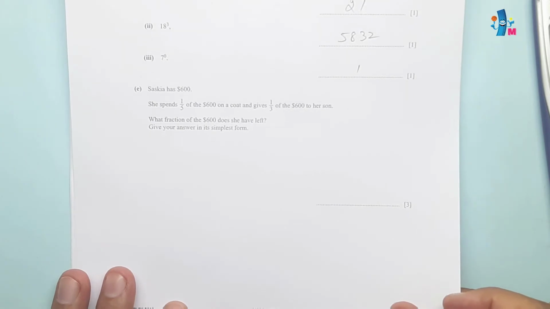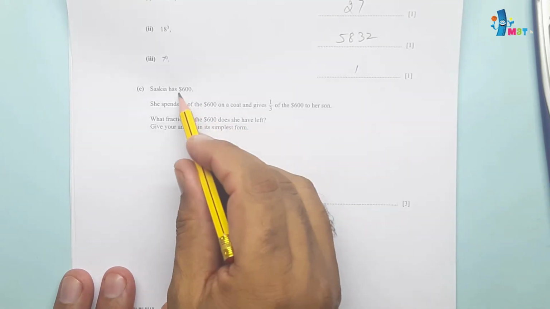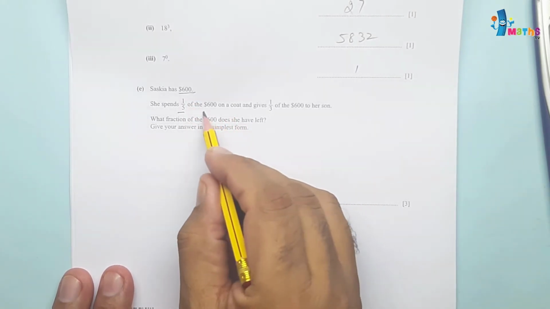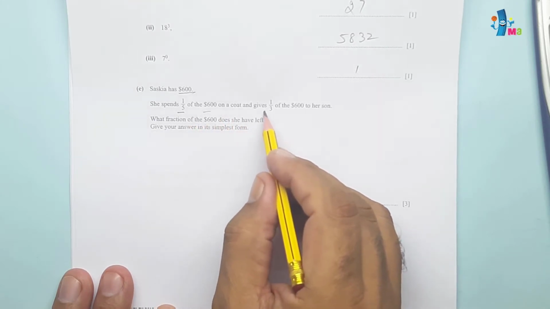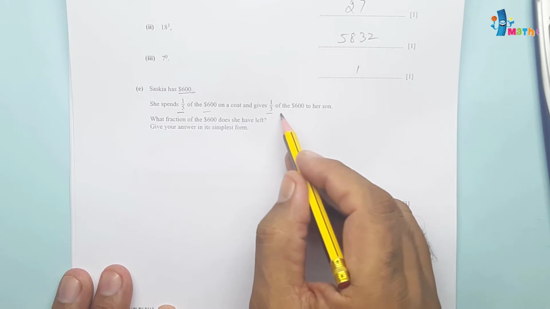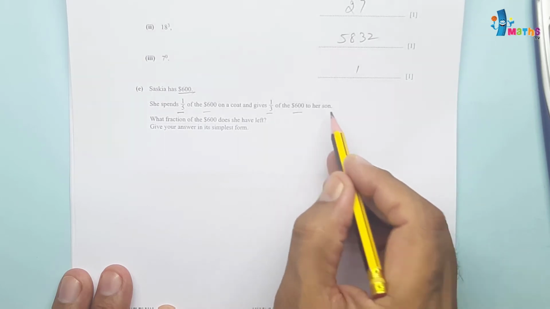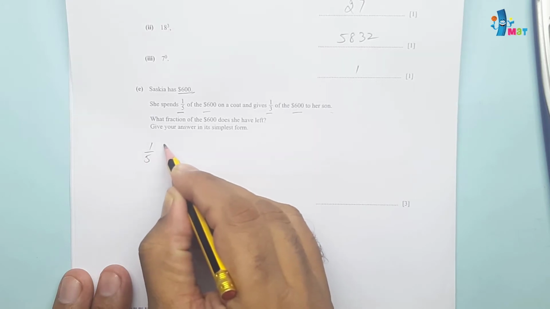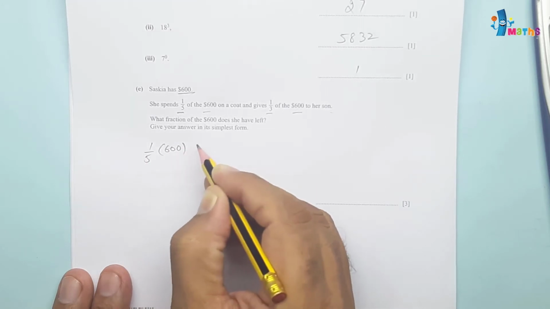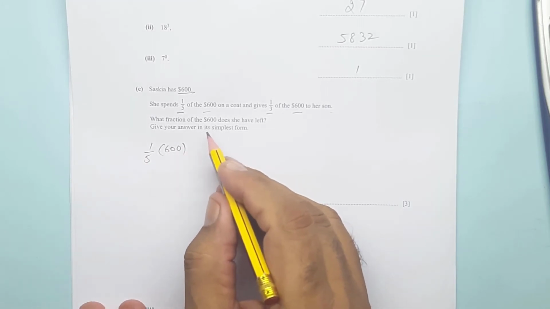Then Saskia has $600. She spent 1/5 of the 600 on a coat and gives 1/3 of the 600 to her son. So 1/5 of 600 she spent on a coat.